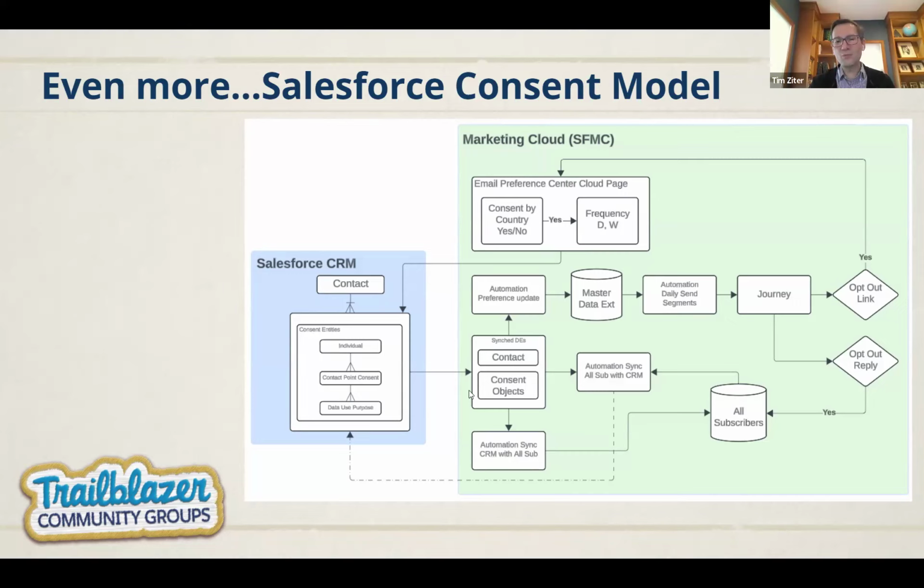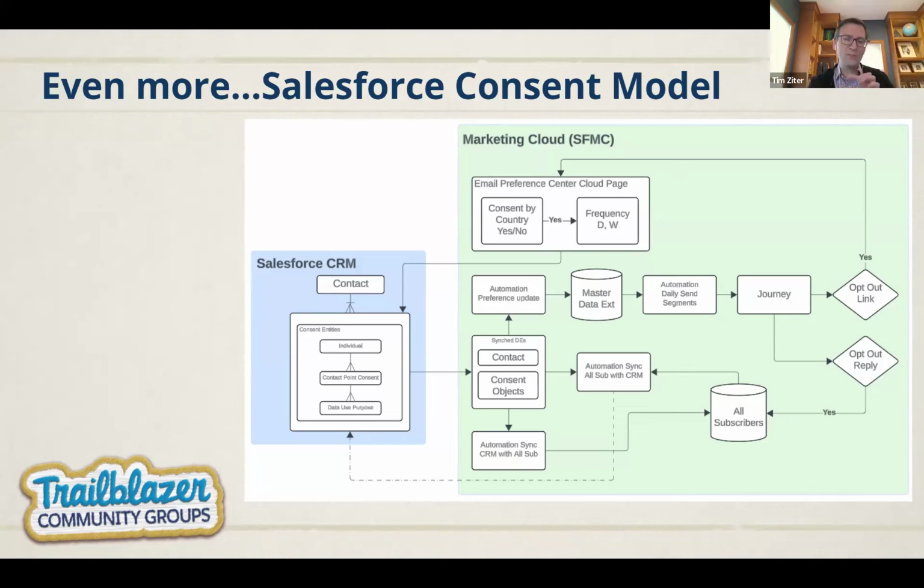In this example, we may not be able to go through this in detail, but the automations that might be involved in a solution like this: the consent model typically is the database of record that you want to maintain, not All Subscribers, which would be the case if it was just Salesforce CRM to an email delivery status.